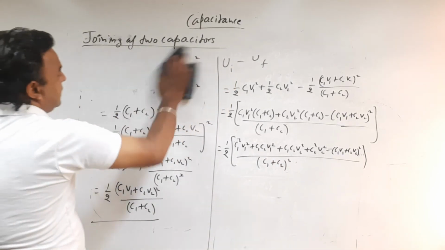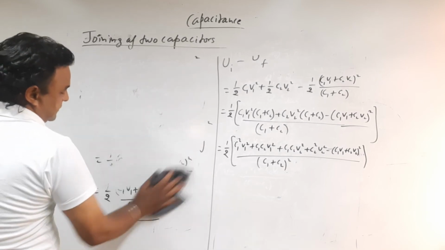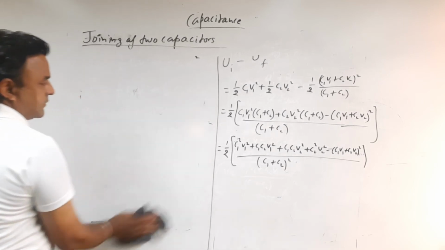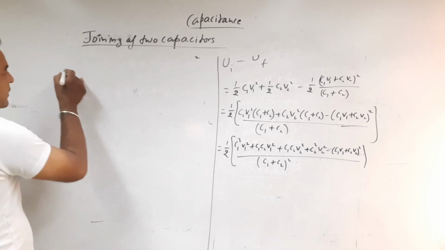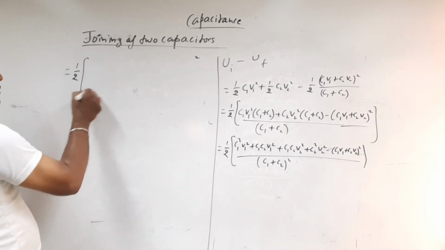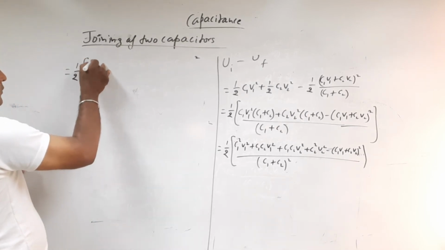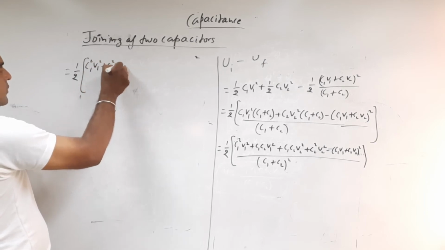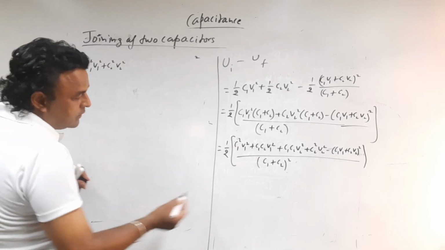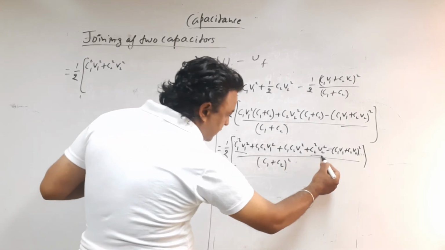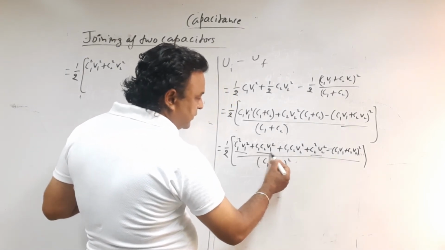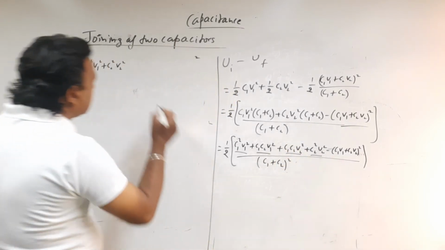If I expand the right hand side, I have C1 square V1 square, C2 square V2 square, C1 C2 V1 square, C1 C2 V2 square.